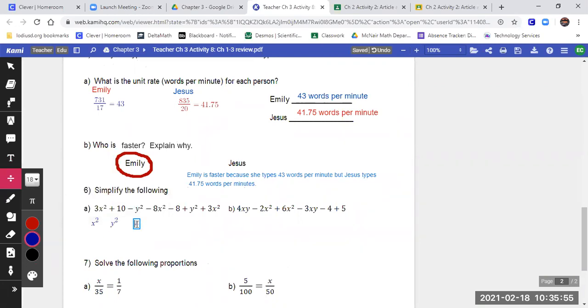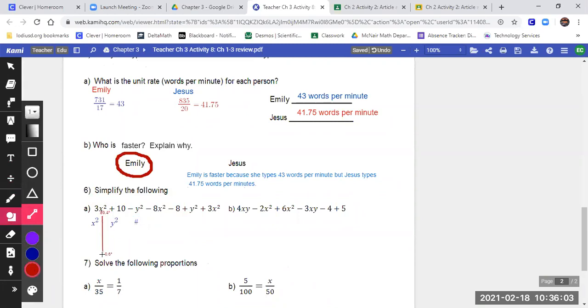I don't have to worry about the plain X's or the plain Y's. I just am worried about what I have in my question. You do not need everything. You just need what you have for your question.